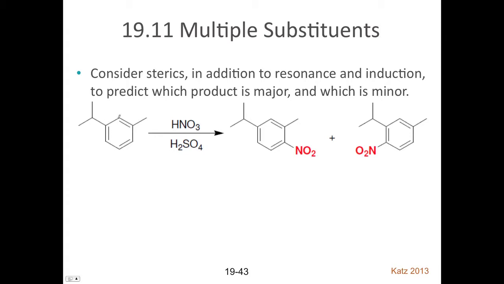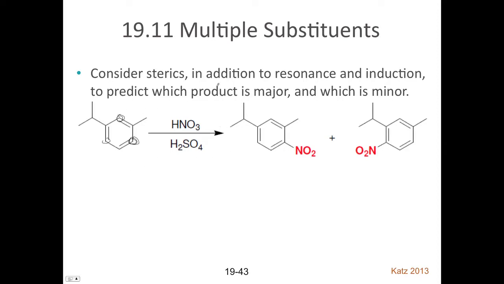So ortho is here and here to this group, and ortho is here and here to the other group. Para to this methyl is here, and para to the isopropyl is right here. Okay, so you have three points of reactivity.